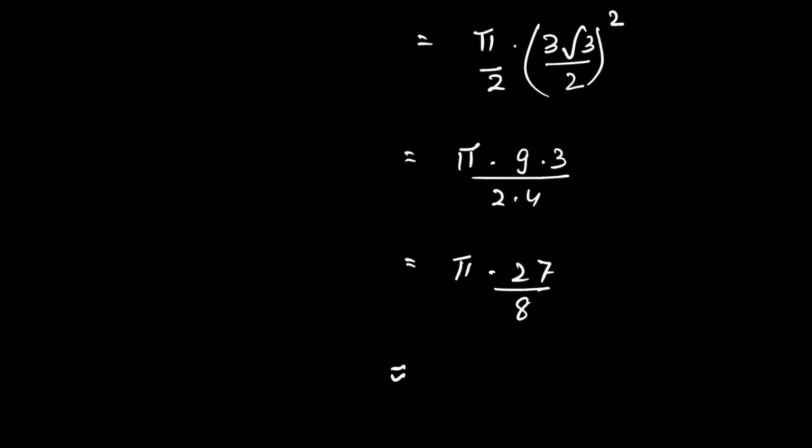When we calculate on the calculator, it is approximately 10.6 meter square. This is the area of the semicircle.